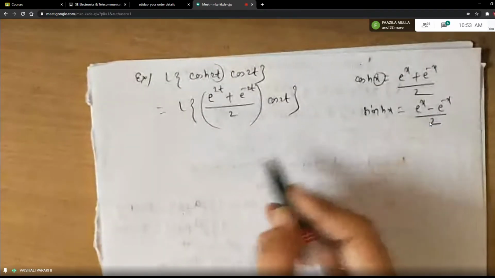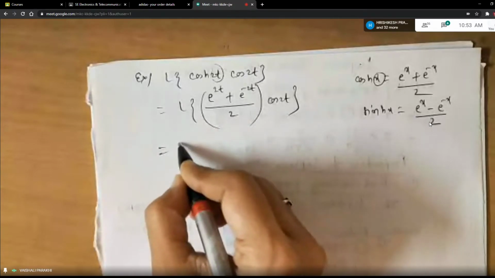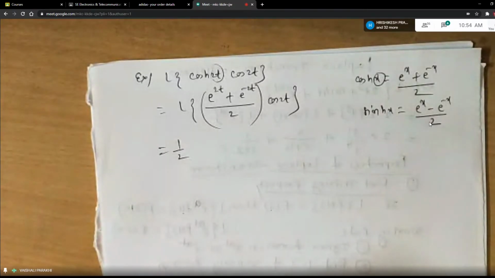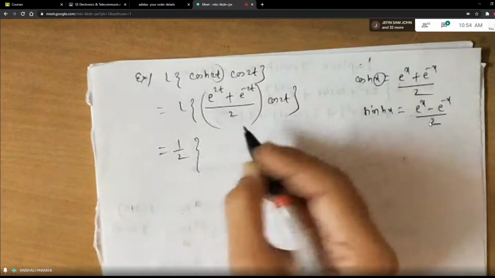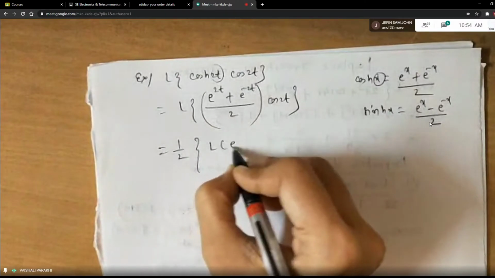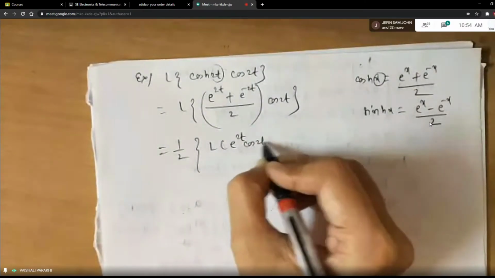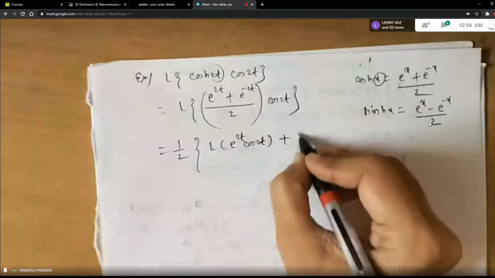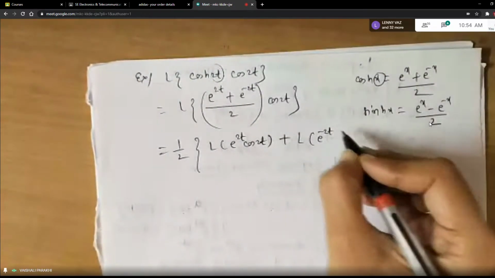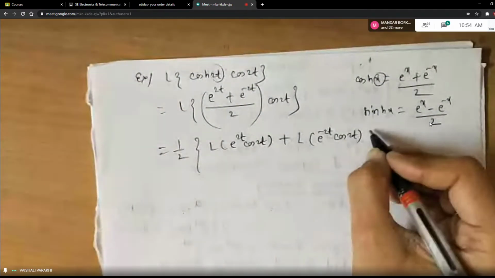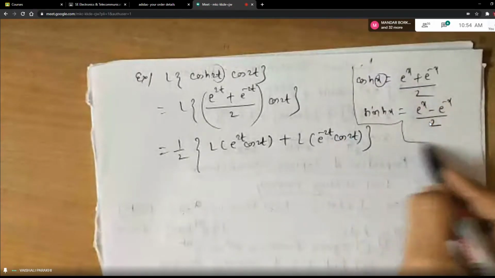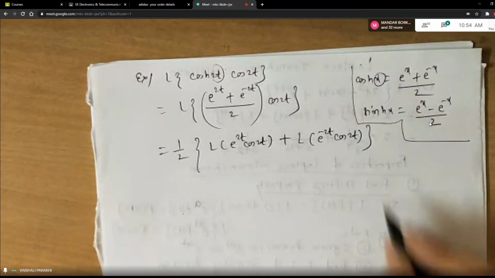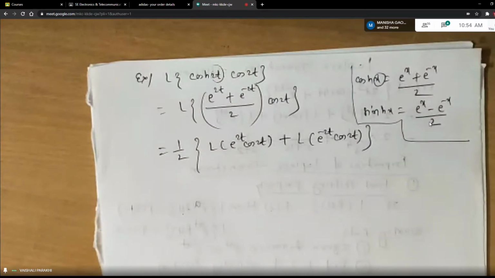Now once you do this, linearity property, the constant will come out, and then we are going to separate the terms. So it will be Laplace of e raised to 2t cos 2t plus Laplace of e raised to minus 2t cos 2t. See what is done here? The terms are separated and the constant is taken out.